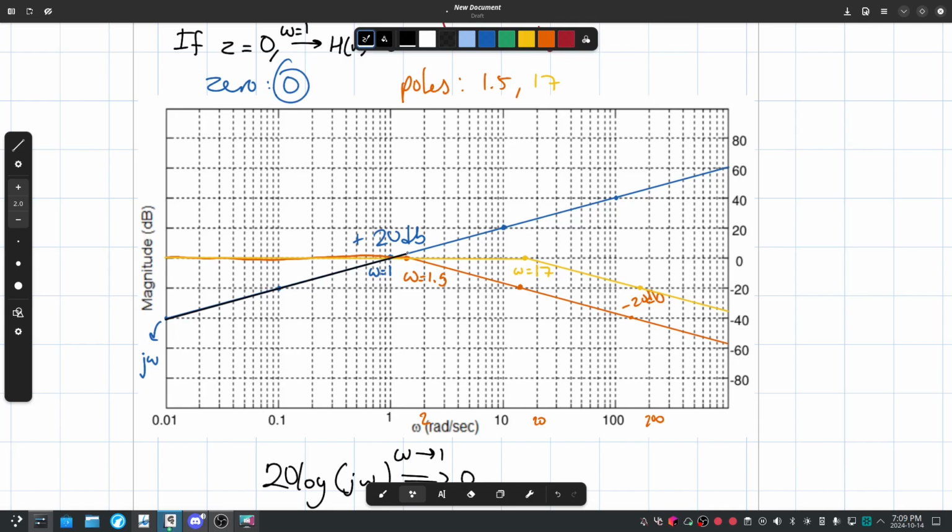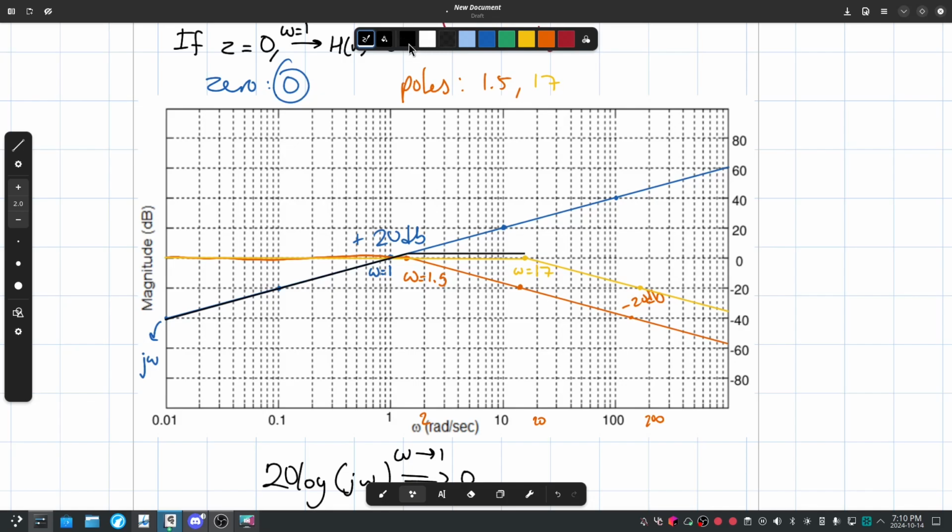Okay, so everything else is 0, so it just follows the plus 20 dB until it hits this point. And at this point, look here, we have pulling up by 20 decibels, and we have pulling down by 20 decibels. What does that mean? That means a difference of 0 decibels, because 20 minus 20 is 0. So we keep on doing that until we get our second pull.